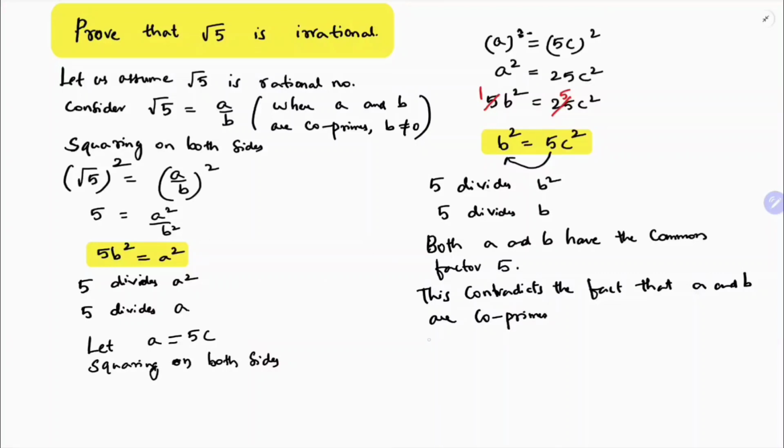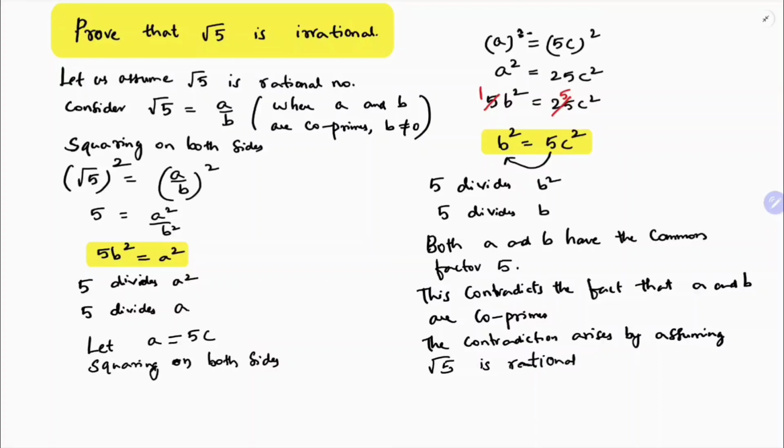So the contradiction arises by assuming root 5 is rational. I assumed root 5 as a rational number.